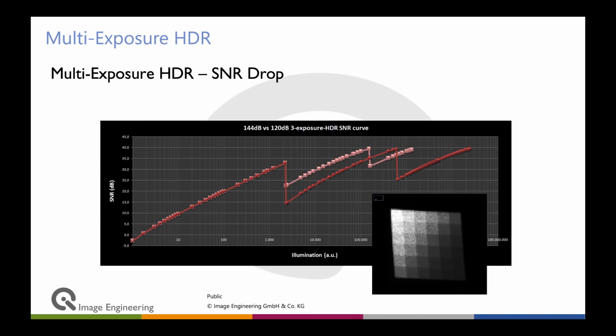Even if you have a sensor and you say this is 120 dB or has 144 dB, it does not mean that the entire range from low to bright is actually full dynamic range, full information. You can have these drops in there that can cause problems. So you have to be aware of this and specify and test your dynamic range properly.